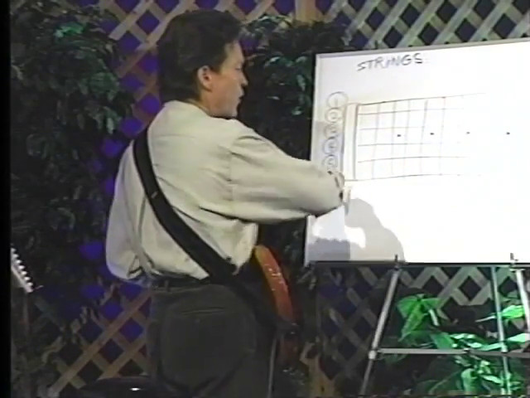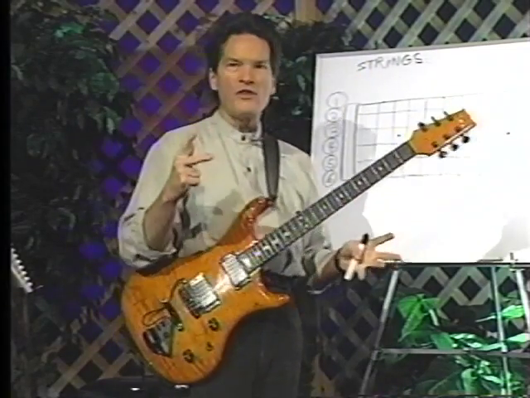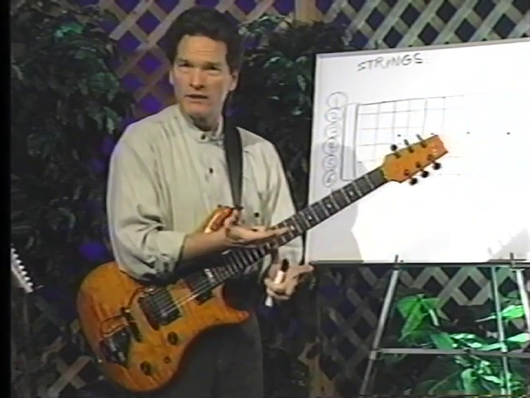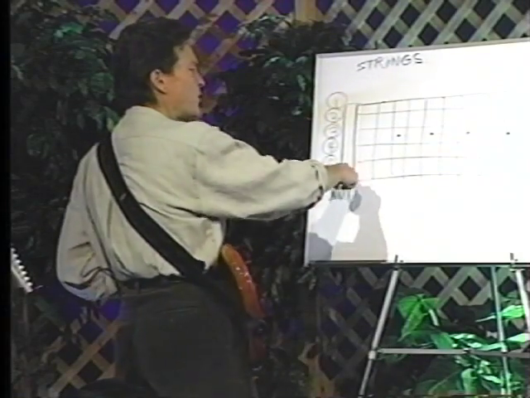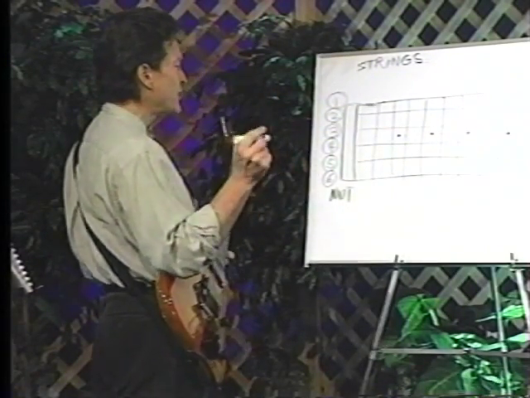Now these 2 angles, horizontal strings and vertical frets, are intersected by what we would call the diagonal. And it's from the diagonal that we create the next octave.